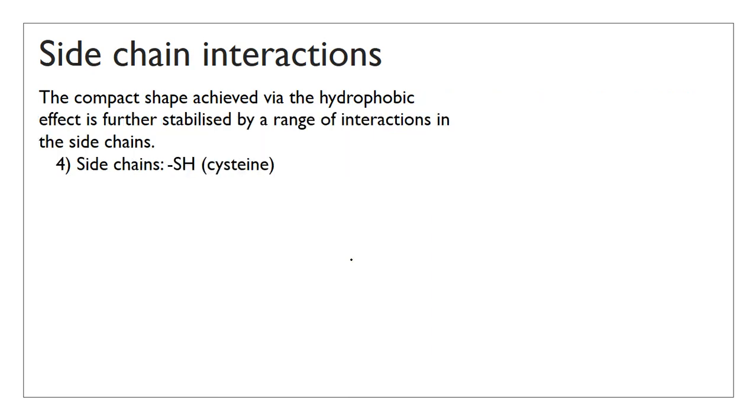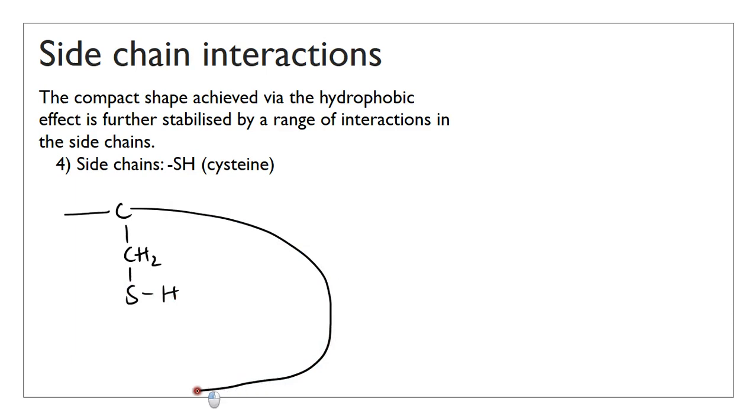And last but definitely not least is the unusual side chain interaction between two cysteine side chains. So this is one cysteine, and this is unique to cysteine alone. And then you have another cysteine here that has another SH.